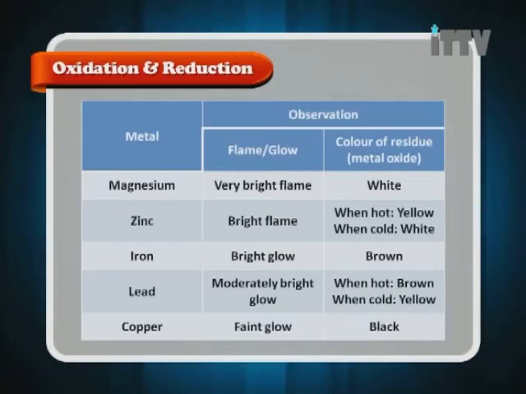Iron will glow with a bright glow, and the color of iron oxide would be brown. Now, how about lead? Lead glows moderately bright. When hot, it's brown. When cold, it's yellow. That's lead oxide. How about copper? Copper only glows faintly, and the color of copper oxide would be black.